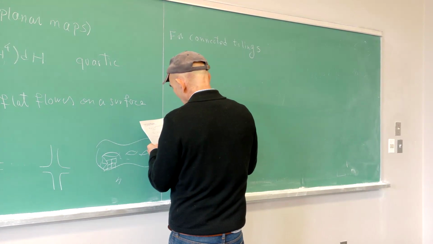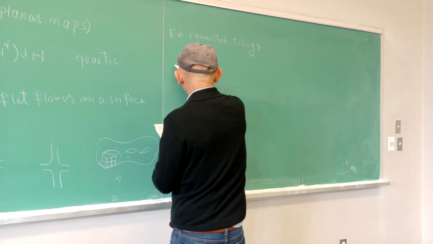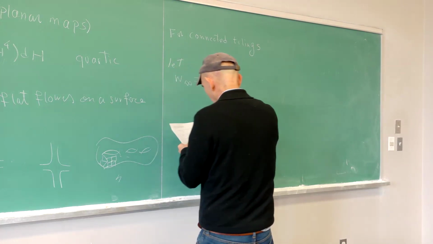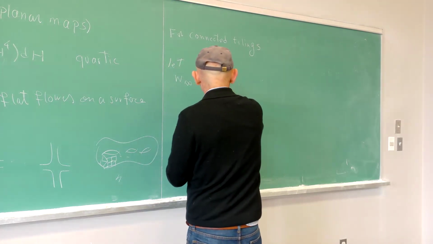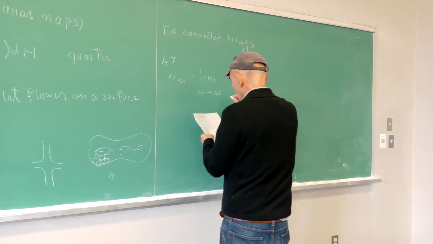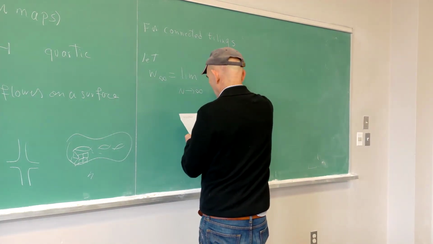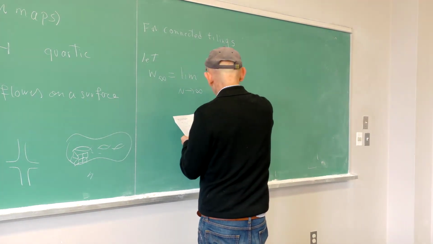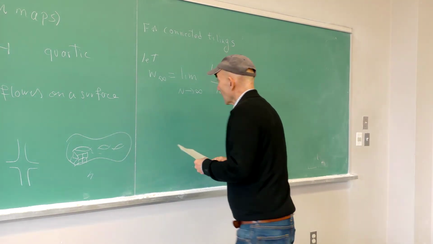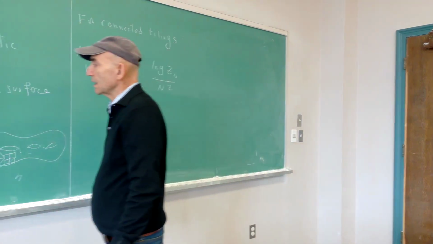Okay, so let W infinity equal the limit as n goes to infinity of log of Zn over n squared. And we know that this limit exists, and this basically gives us the planar.